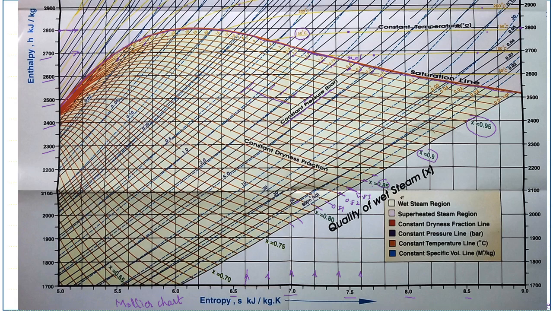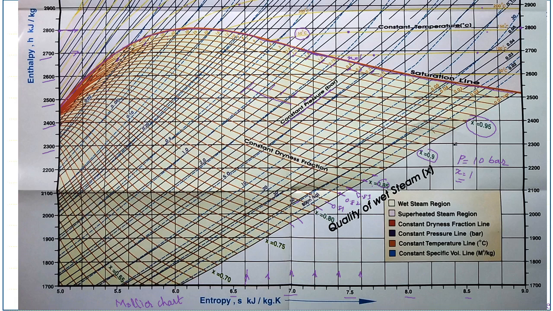For example, if we know the pressure of steam, say P is equal to 10 bar, and if it is dry saturated steam, which means the dryness fraction is 1, then we can find out all other properties of steam at 10 bar.